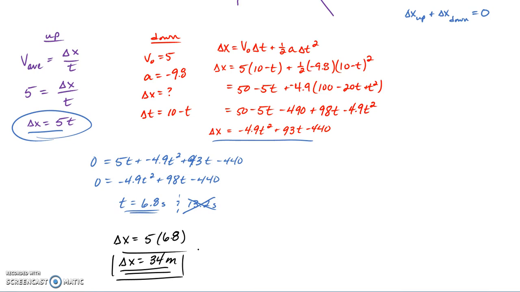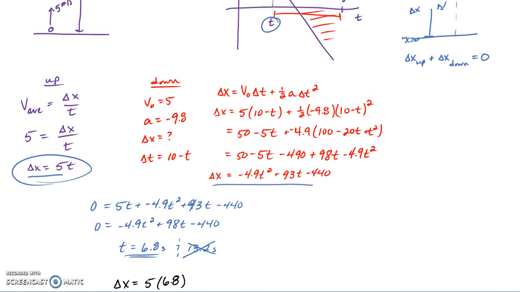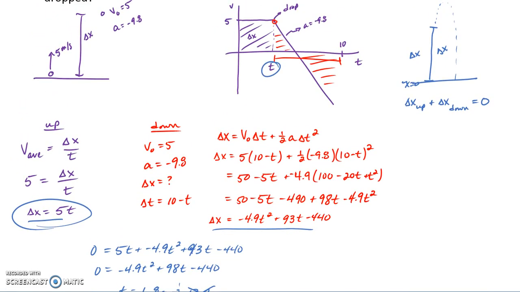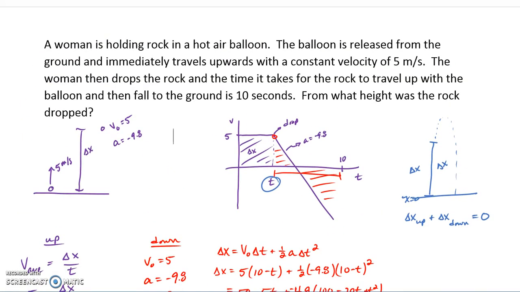So that's how you solve it. I know that the algebra may seem a little intimidating, but fundamentally I said, I've got a nice graph and I've got 2 types of motion: constant velocity here and constant acceleration here.